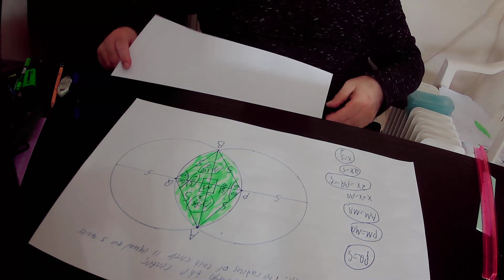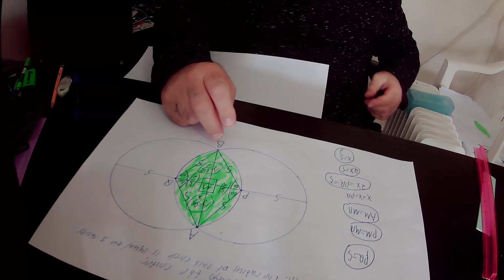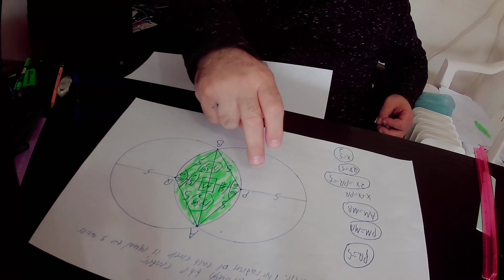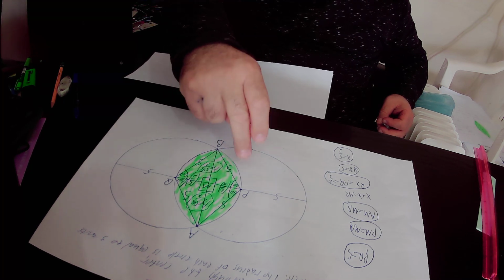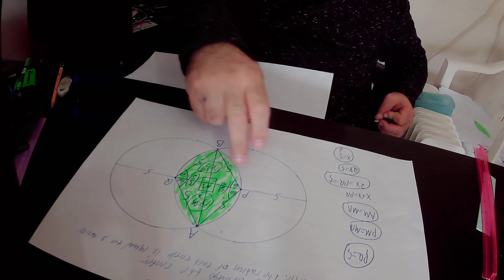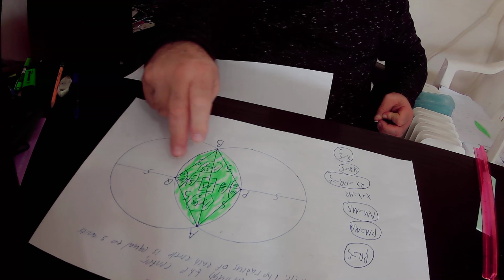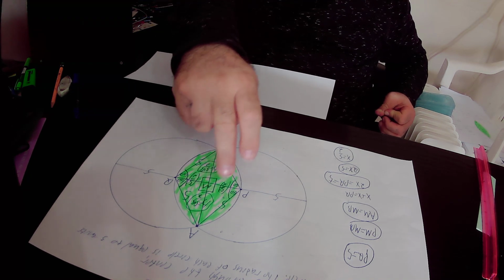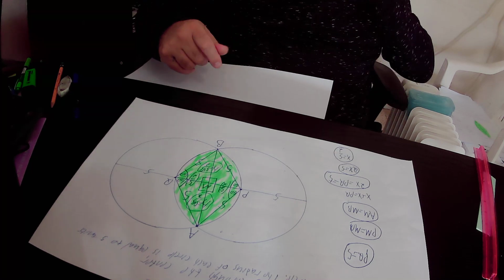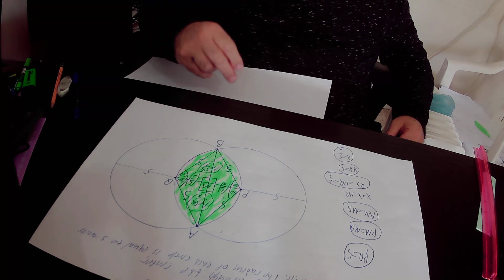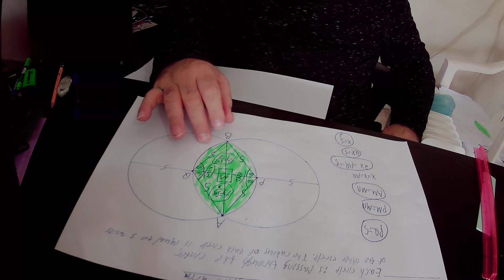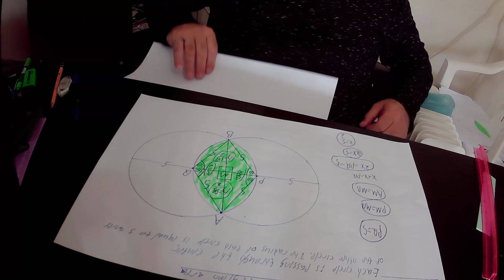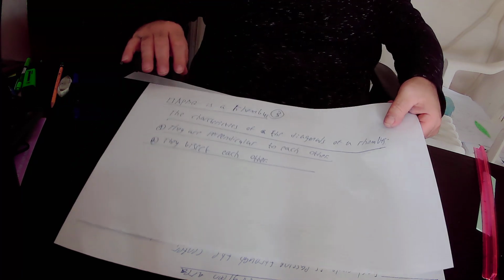Then we join together points A and B by a straight line. Line segment AB is a diagonal of rhombus APBQ. Then we join together points P and Q by a straight line. PQ is the second diagonal of rhombus APBQ. And the diagonals of a rhombus have two characteristics. I wrote them here.